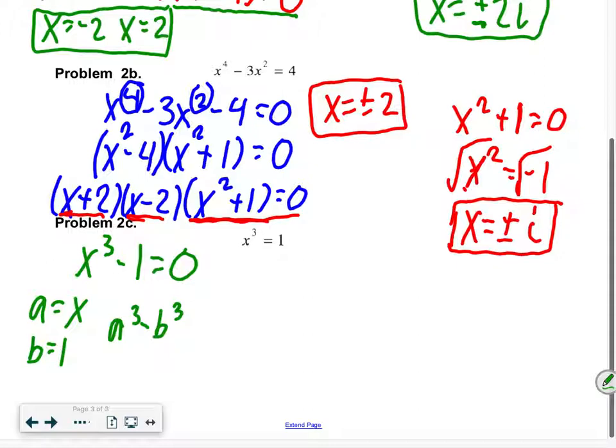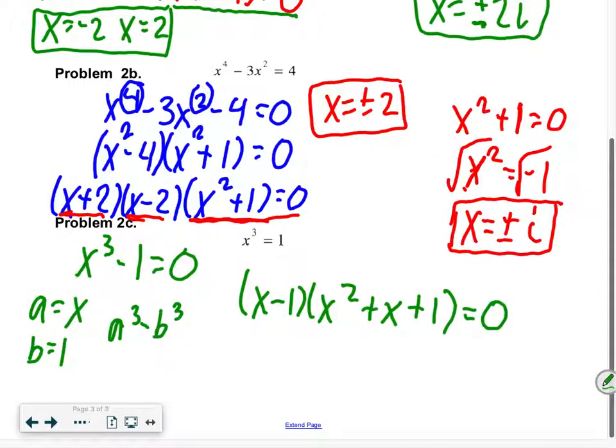That is x minus 1, x squared plus x plus 1, and then we still have our equals 0. This is just a long way to write x cubed minus 1, but that long way gives us our zeros. That's why we write it.